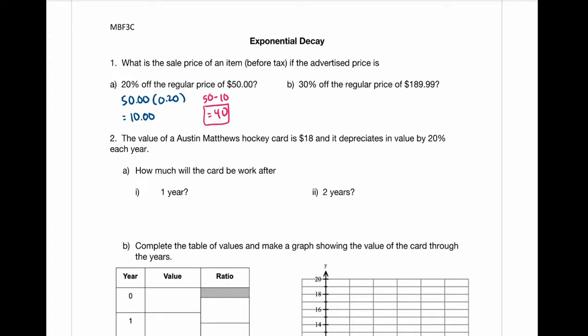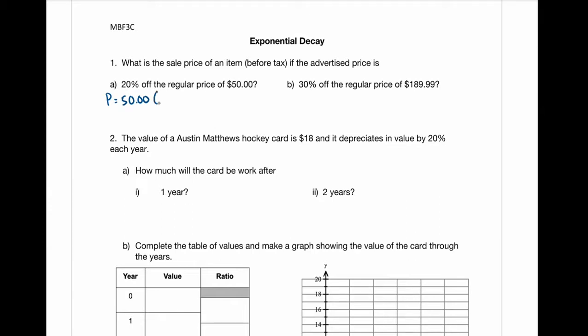Another way I could do it, if I want to simplify it and do it in one step, I could think about if I want to find the price of something and it's 20% off, how much of the original price is it? And if you think about it, if we're taking 20% off, then that means we're basically paying for 80% of our price.